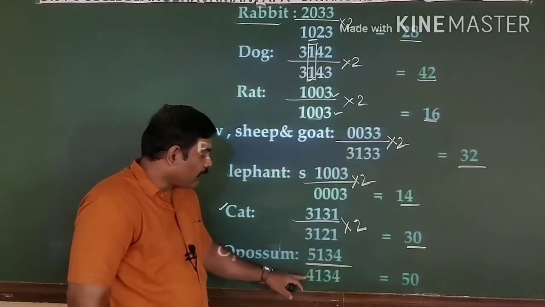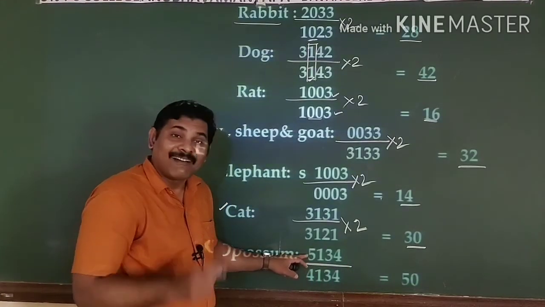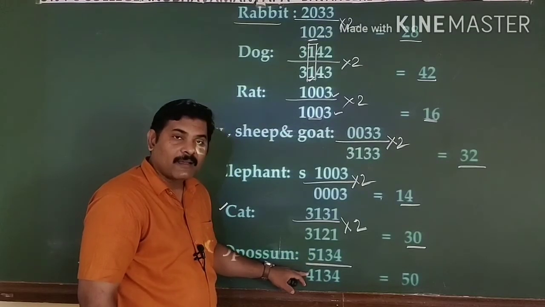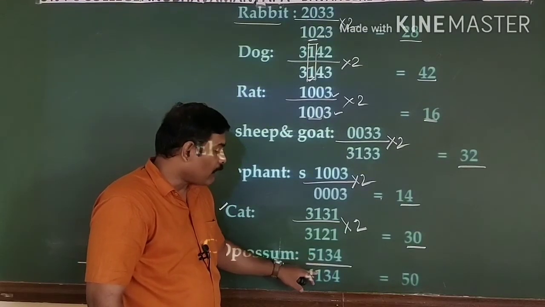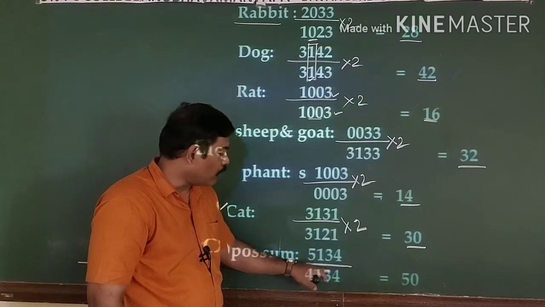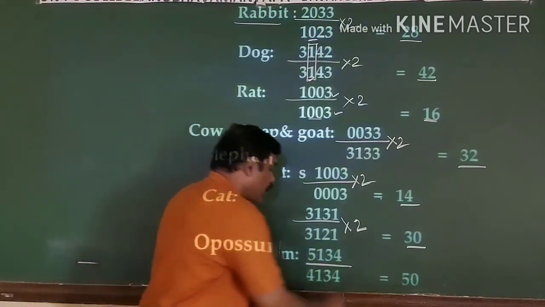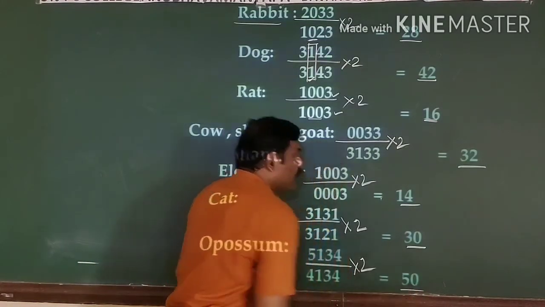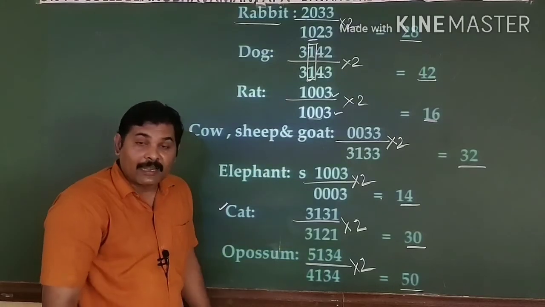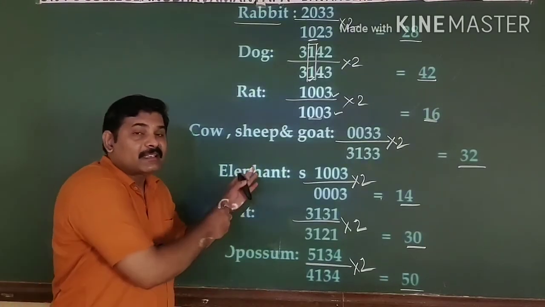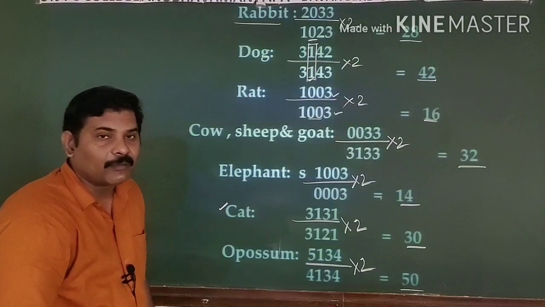There you can see 5 by 4, 5 incisors in the upper jaw and 4 incisors in the lower jaw. Here 1 by 1 canine, 3 by 3 premolars, 4 by 4 molars. Altogether 50 in number. So this is the dental formula of various types of animals that helps you for your medical entrance exam.